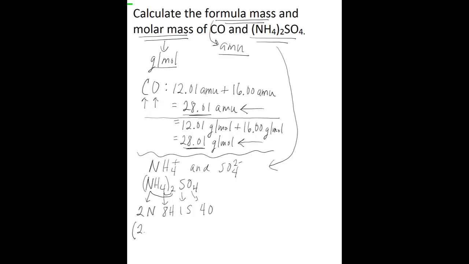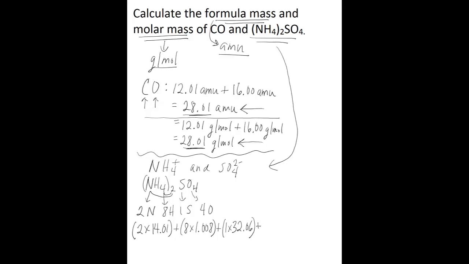So you say 2 times the atomic mass of nitrogen. When you look that up in the periodic table, you get 14.01. Add that to 8 times the atomic mass of hydrogen, which is 1.008 AMU when you look that up in the periodic table. And then you add that to 1 times the atomic mass for sulfur, which is 32.06 when you look that up.